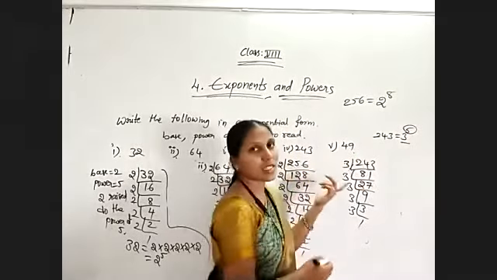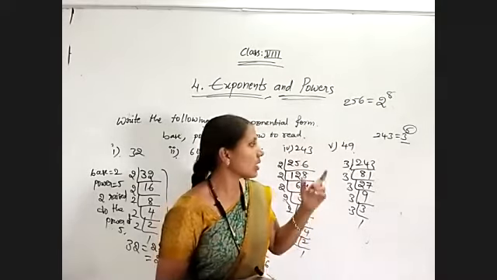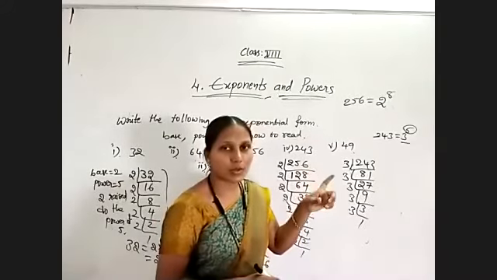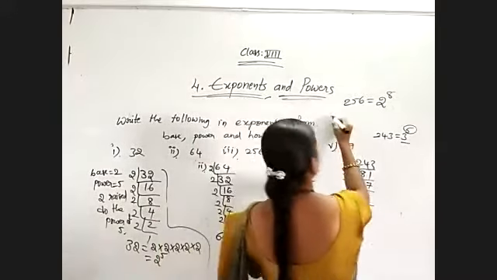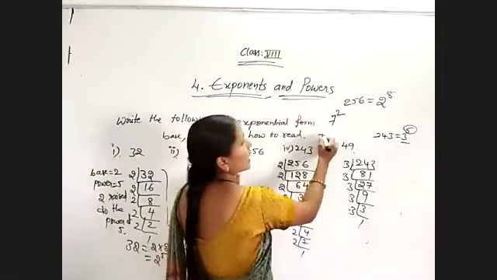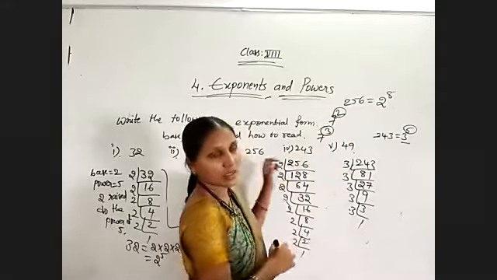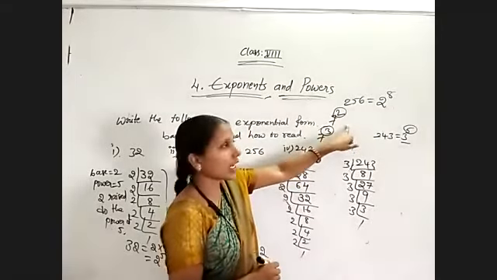Then 49. 7 sevens are 49. That is 7 square. The base is 7 and the power is 2, that is 7 raised to the power of 2. But when the power is 2 or 3, they have special names.